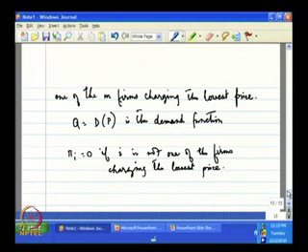In that case, it does not produce any output. If it does not produce any output, its cost is 0, the revenue is also 0, because it is not catering to any demand. So, this is the story.